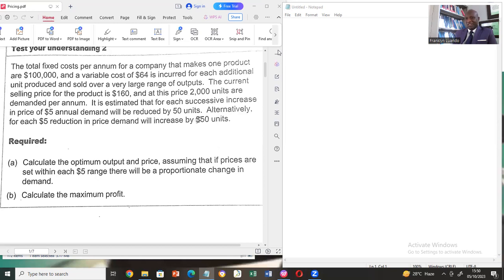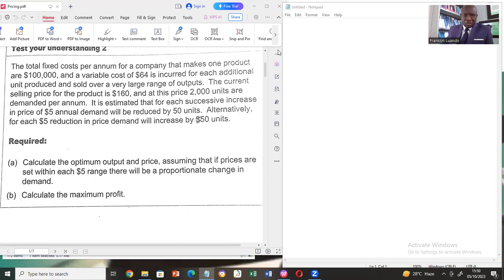If the price set is wrong, it will have adverse consequences on the organization as well as on its profitability. So we are going to use the demand function in order to determine the maximum price and also the maximum output that will be produced in order to maximize the profits.